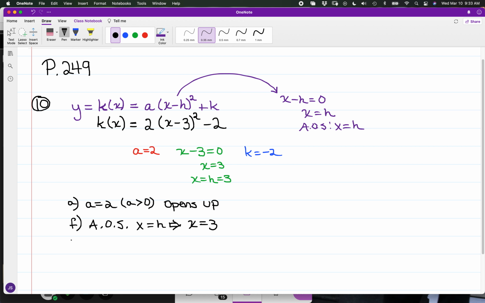And for part B, we have the vertex. Once again, the general coordinates are h and k, and the location of the vertex will be situated at 3, negative 2.